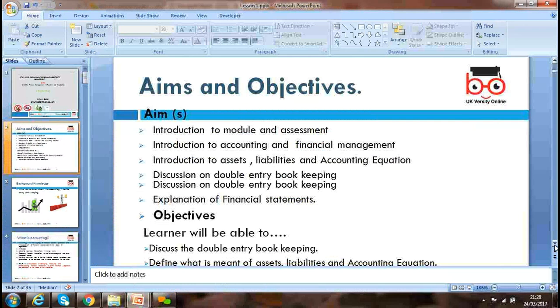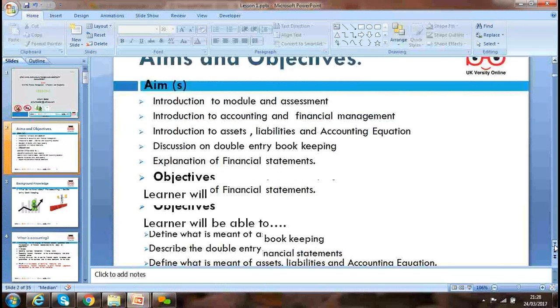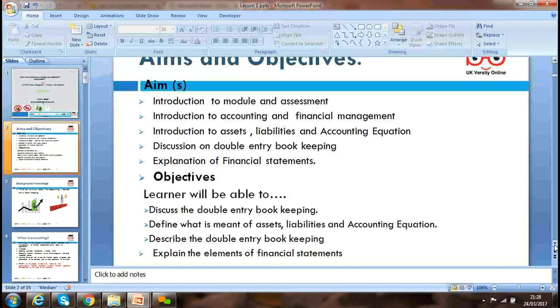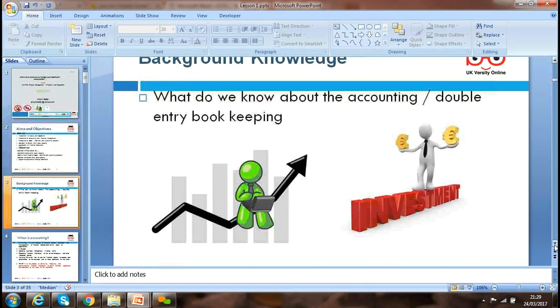Today we'll discuss the difference between accounting, financial accounting, and financial management. We'll discuss assets, liabilities and the accounting equation, double entry bookkeeping, and financial statements. Double entry means a debit and a credit, two sides.